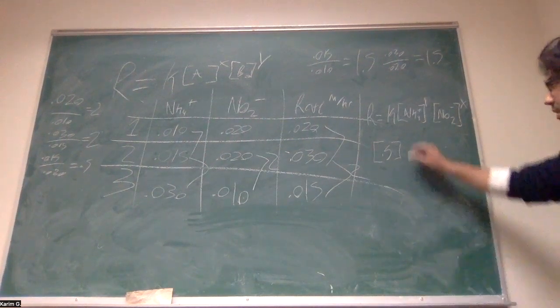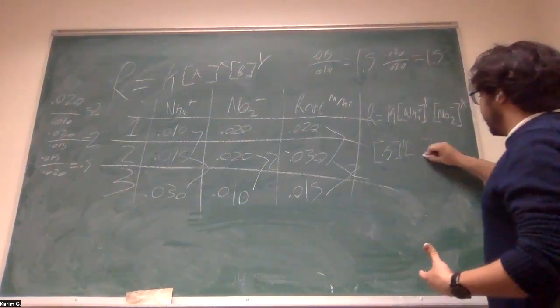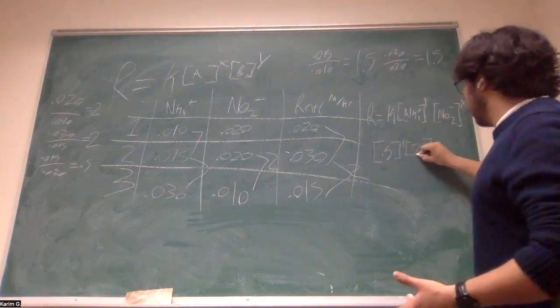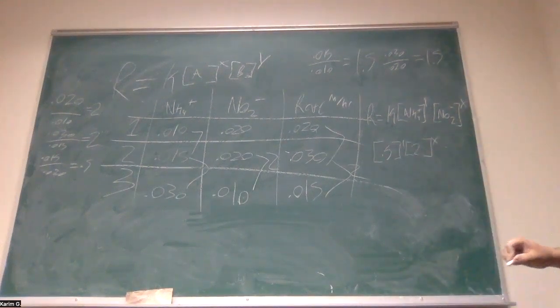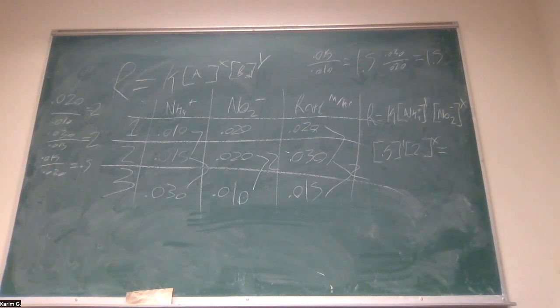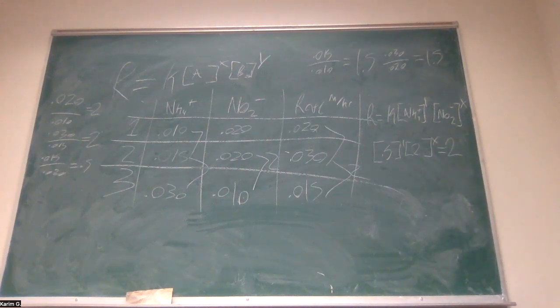We do, first order. Now let's do the change in nitrite. By how much did it change? 2, but we don't know the order. And how much did our rate change? 2. So now all we have to do is solve for x.